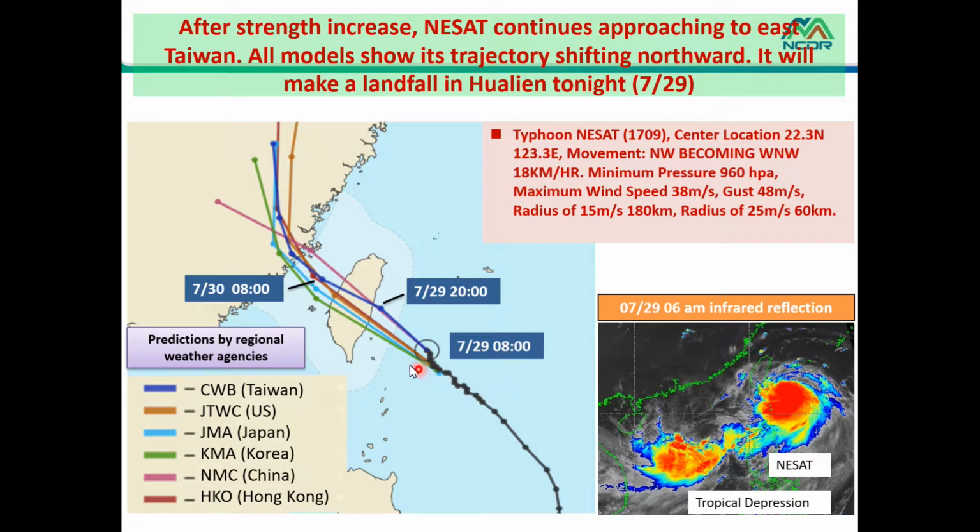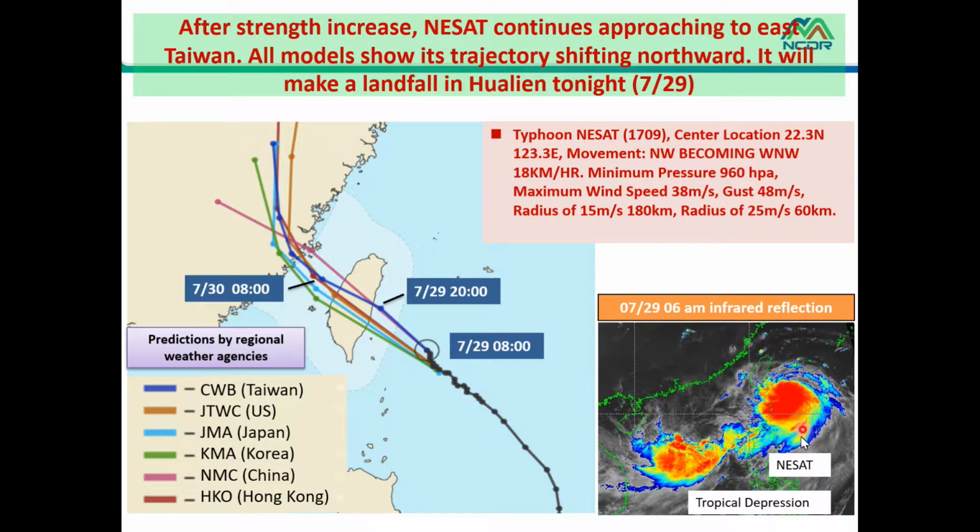As I mentioned, to include uncertainty, we include forecasts not just from Taiwan, but also from the US, Japan, Korea, China, and Hong Kong to focus on the typhoon, and we use a lot of images to tell the possible impact.